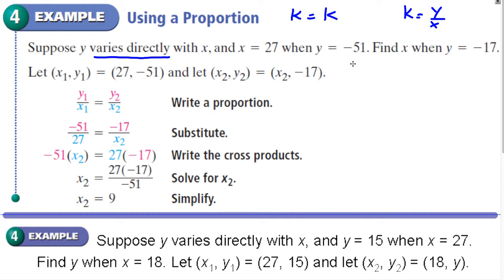So then y divided by x is equal to y divided by x. You have 27 that goes here, negative 51 goes there, and this 17 goes here, and you're looking for the x. You cross multiply and you solve for your missing variable. Very, very easy.